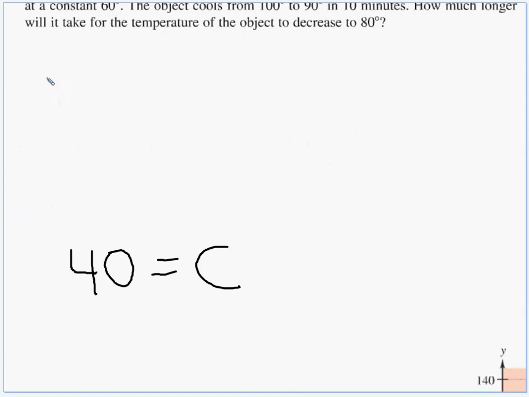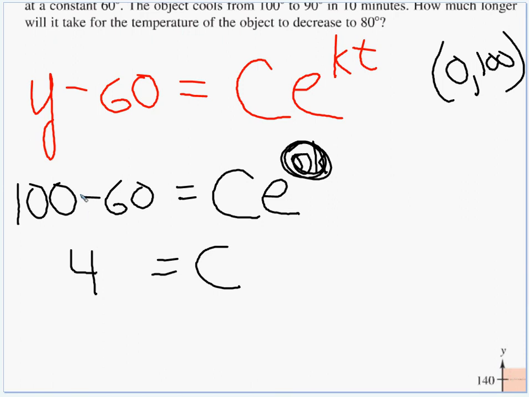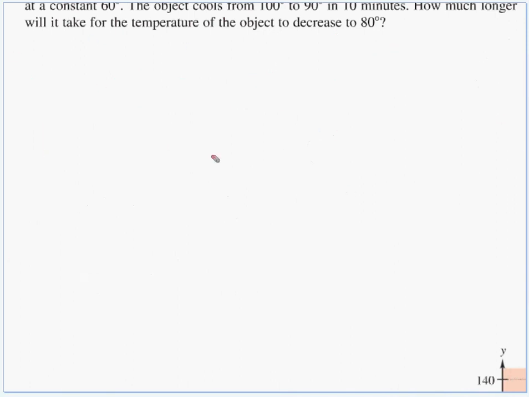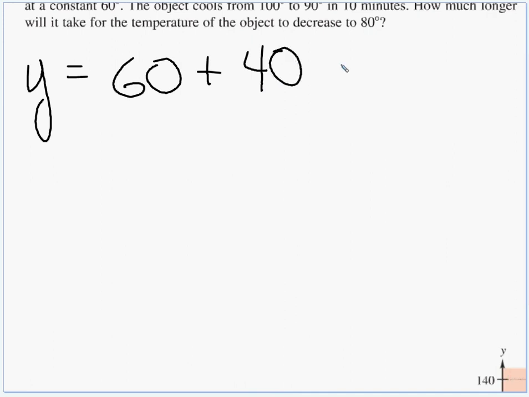I can rewrite my equation then as y equals, well, if I back up here, I'm just going to add that 60 to both sides. So I got y minus 60. I'm going to add the 60 to both sides and then plug my other values in. So that's going to look like this. Y equals 60 plus, and instead of c e to the kt, it's 40 e to the kt.